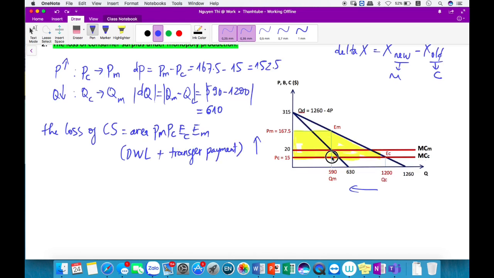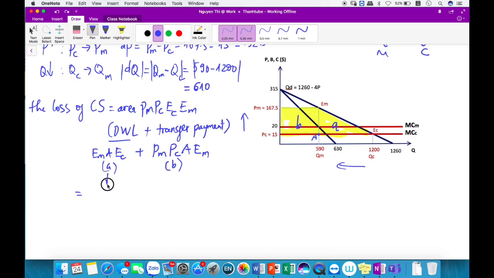So I call this intersection point here A. Then the deadweight loss will be the area EM, A, EC, and the transfer payment will be equal to the area PM, PC, A, EM. Or I just name them area A and area B. And actually this area already includes X-inefficiency cost.